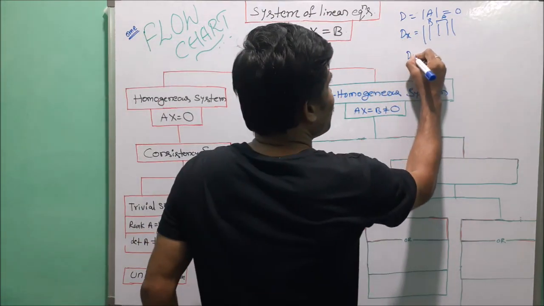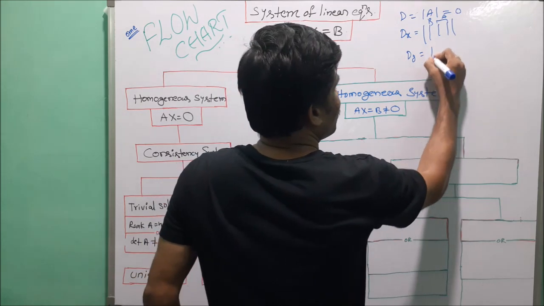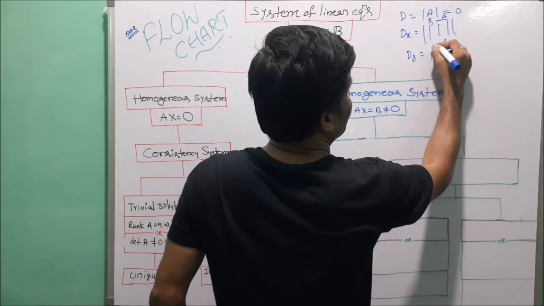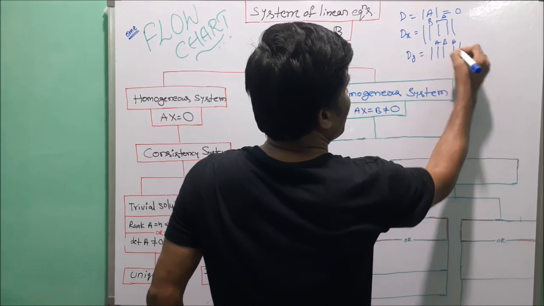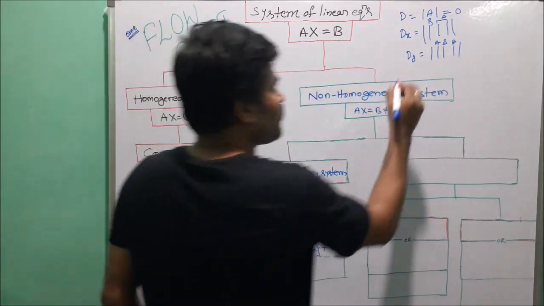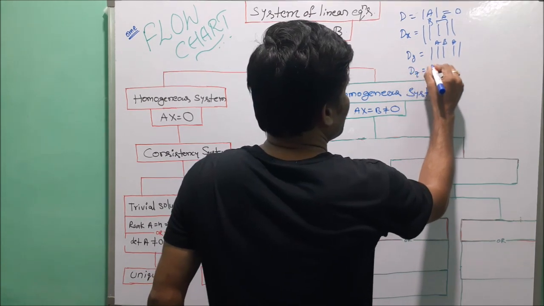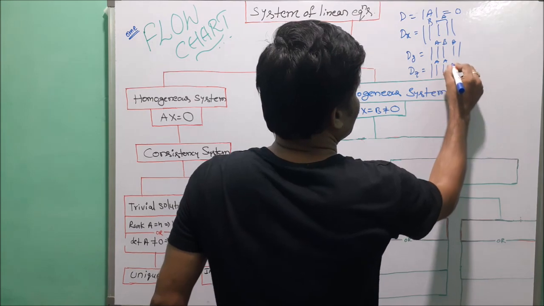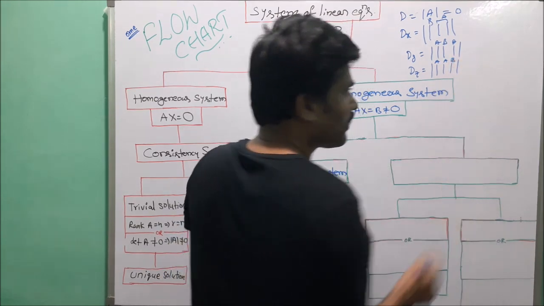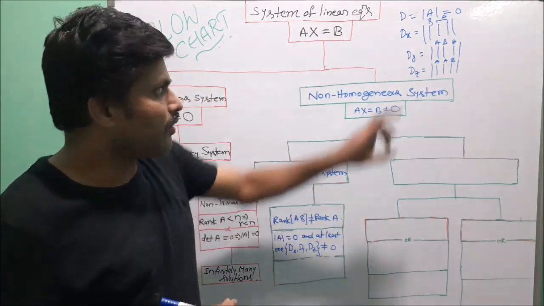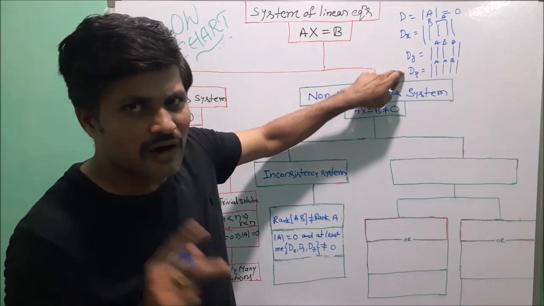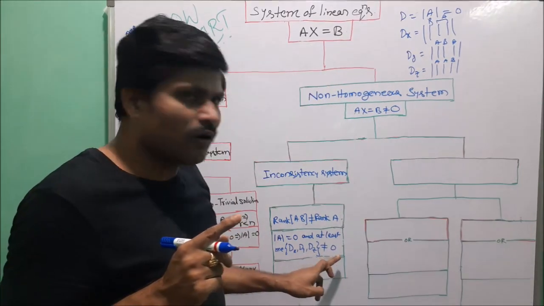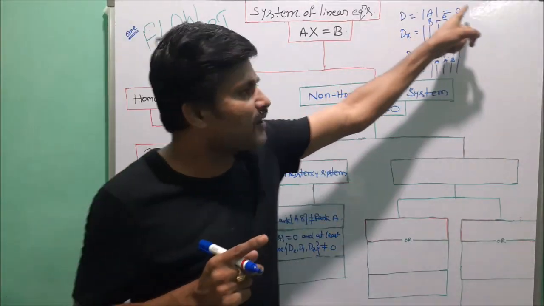Similarly dy: the second column is B, and the first and third are A. Find the determinant. Similarly we find dz: the first and second columns are A, the third column is B. Find the determinant.